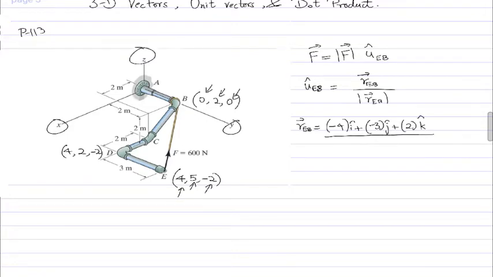So that is the position vector REB. To find the unit vector UEB, we just divide the position vector REB by its magnitude, which is nothing but the square root of 4 squared plus 3 squared plus 2 squared.